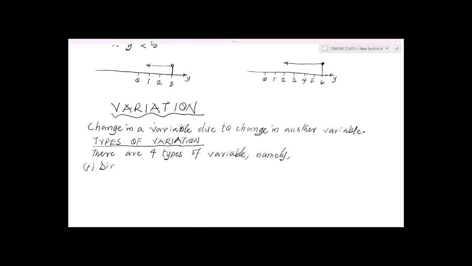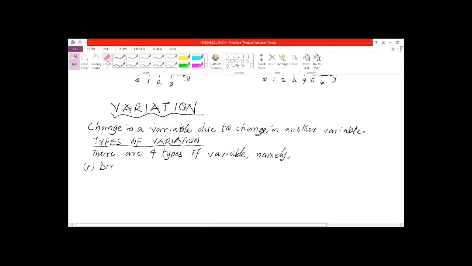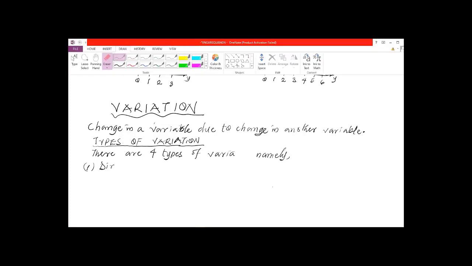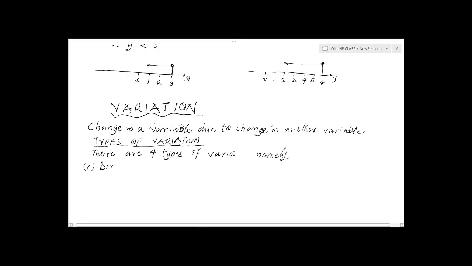So we have four types of variation. Namely, first is direct variation. Second is inverse variation.